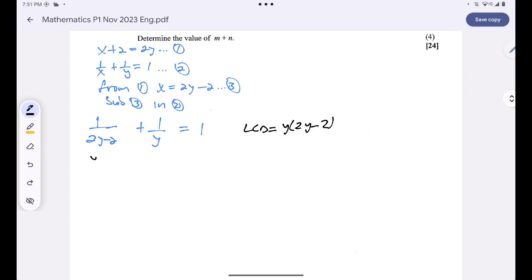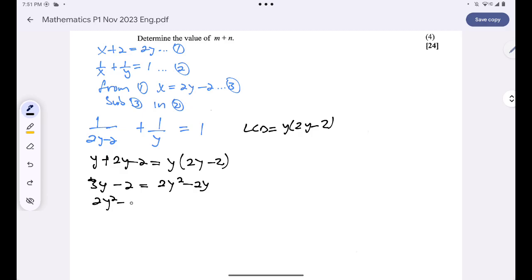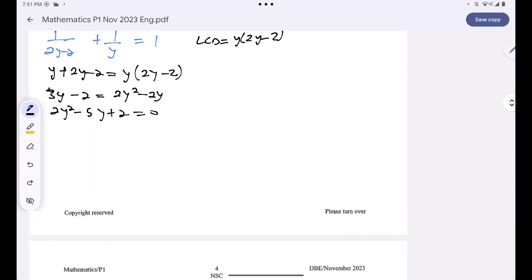I'll simply have y plus 2y minus 2 is equal to y multiplied by 2y minus 2. This will give me 3y minus 2 is equal to 2y squared minus 2y. So I'll simply have 2y squared minus 5y plus 2 is equal to 0.